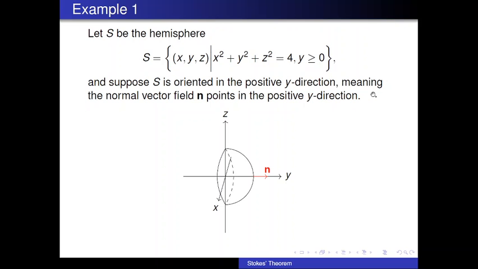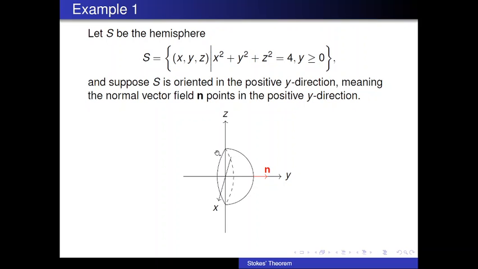So here is a picture of that. So here is our surface S, and we are not capping it off here, so this back part is open. So there's this hole in it there. And the normal vector field n will point in this direction. So I've only drawn one of those vectors, but there should be one at every point. Okay, and let's see.